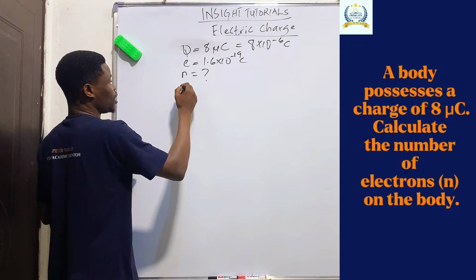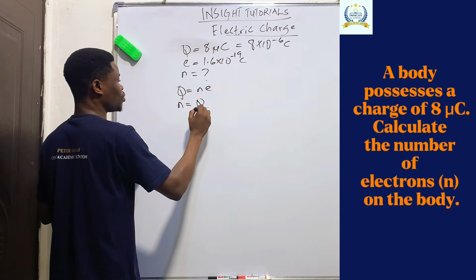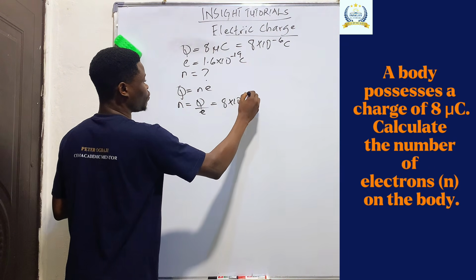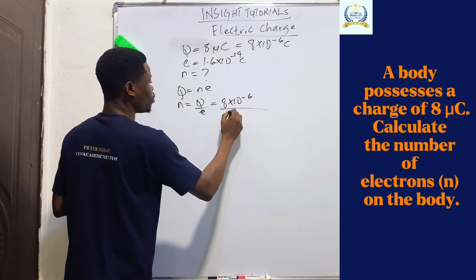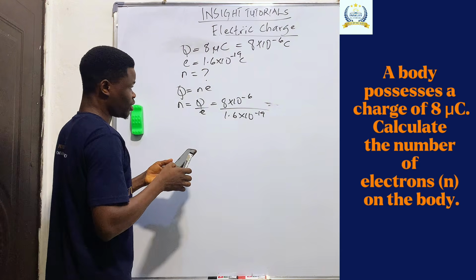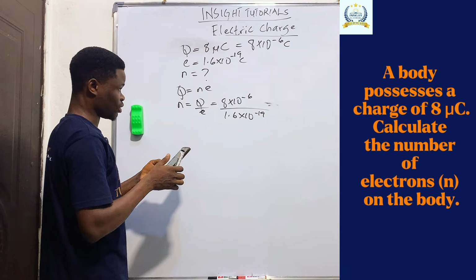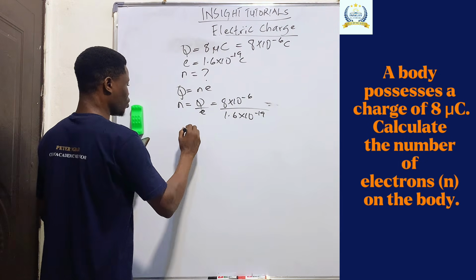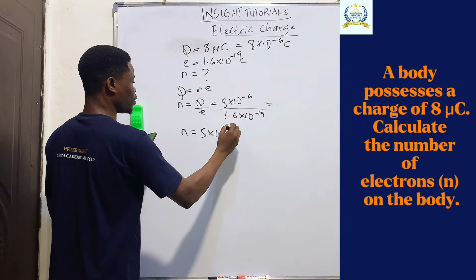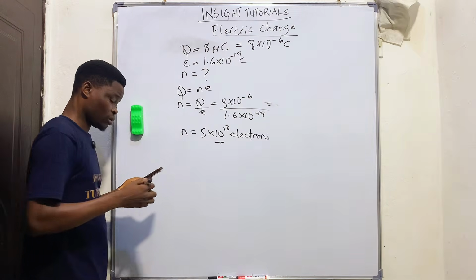To find N, N alone is going to be the total charge all over the elementary charge, which is equal to 8 times 10 raised to the power of minus 6 all over 1.6 times 10 raised to the power of minus 19. It happens that we get our number of electrons to be 5 times 10 raised to the power of 13 electrons. We'll do one more practice question.